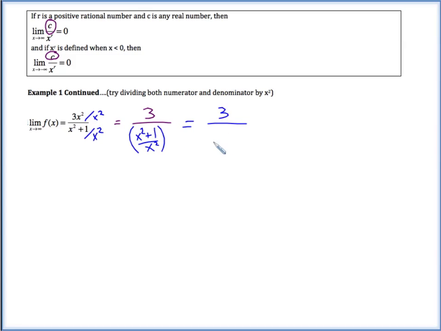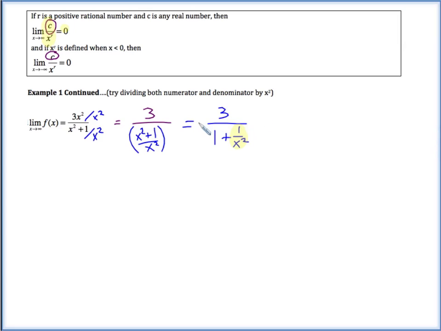So we still have our 3 in the numerator. Here we can go x squared over x squared is 1, and then 1 over x squared is still 1 over x squared. So if you look at this part right here, this is 1 over x squared. That looks exactly like this. And so we know its limit is going to equal 0.